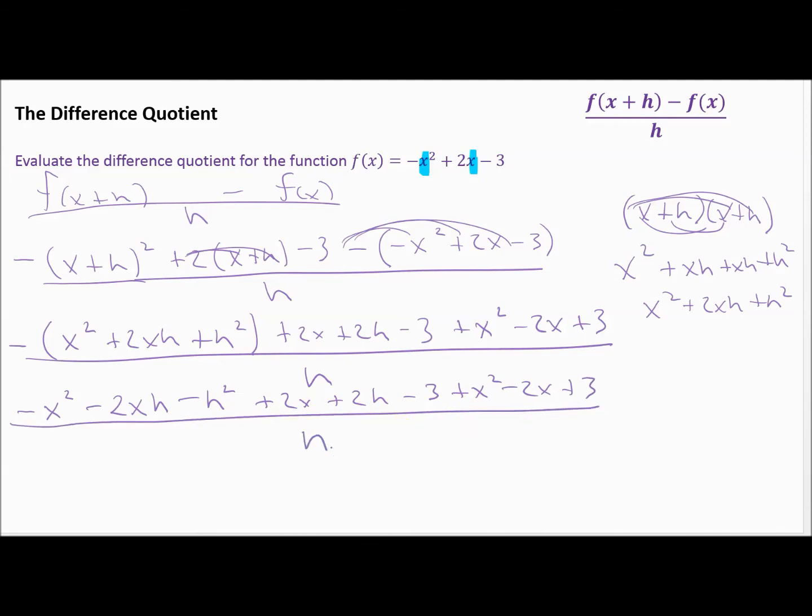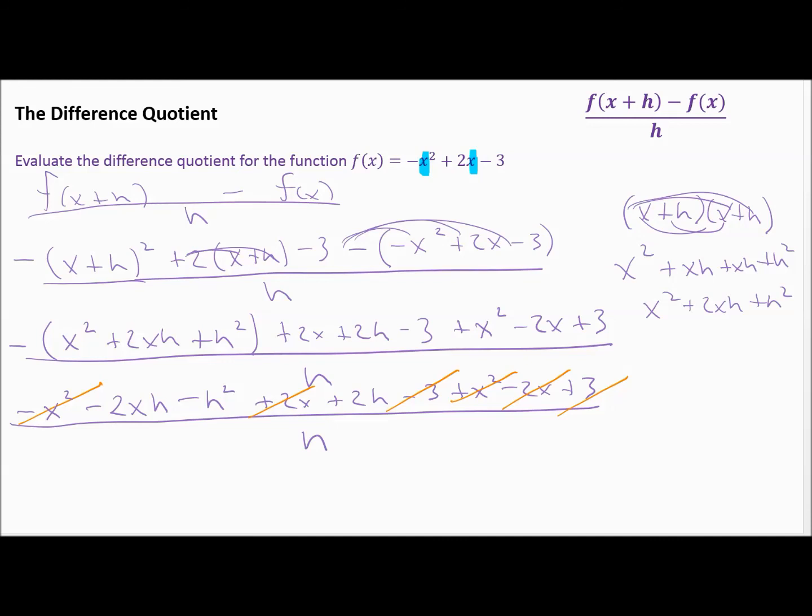So what we want to do is combine like terms. Now what we expect is every term without an h in it should cancel out. So let's see if that happens. So I have a negative x squared and a positive x squared. So that definitely cancels out. I have a 2x and a minus 2x. That cancels out. And I have a negative 3 and a plus 3.